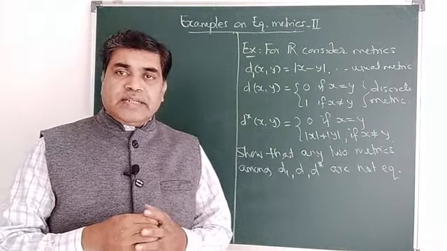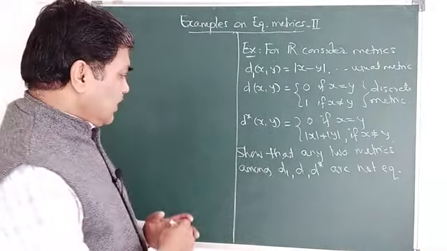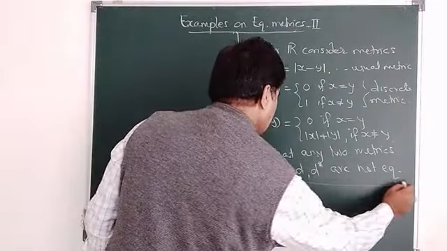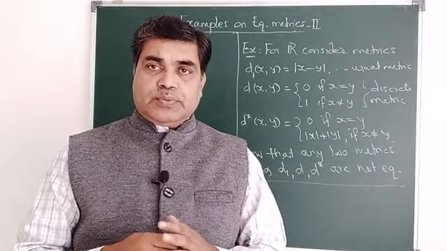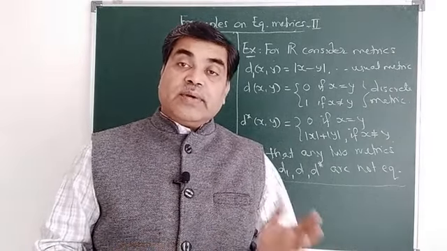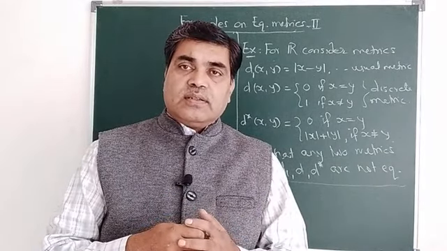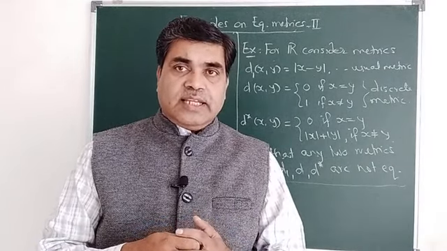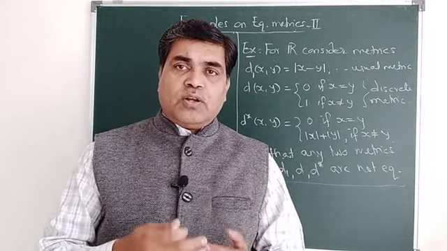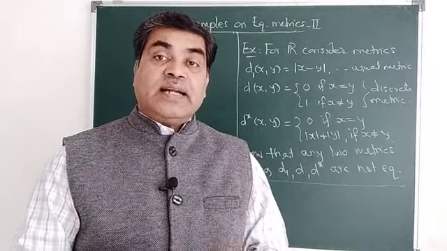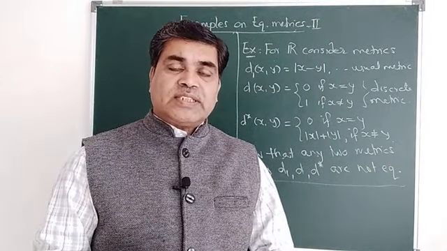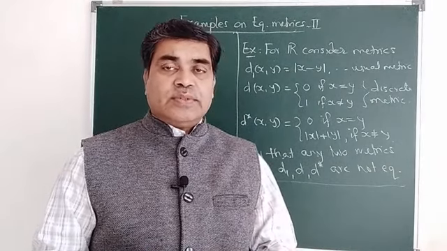So for equivalent matrices, what result have we taken? Two matrices d1 and d2 are equivalent on set X if the collection of all open subsets in X with respect to d1 is identical with the collection of all open sets on X with respect to d2.